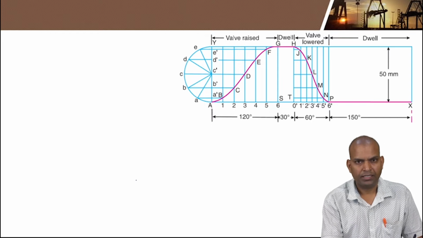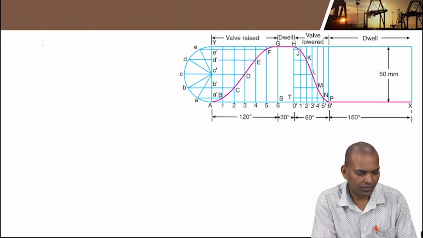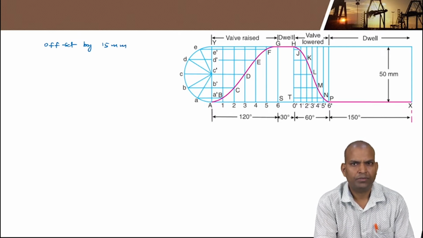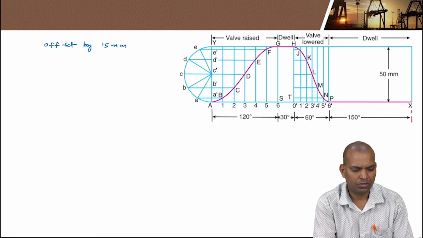So now we are considering the case of an offset follower. It is offset by 15 millimeters. How to draw it?